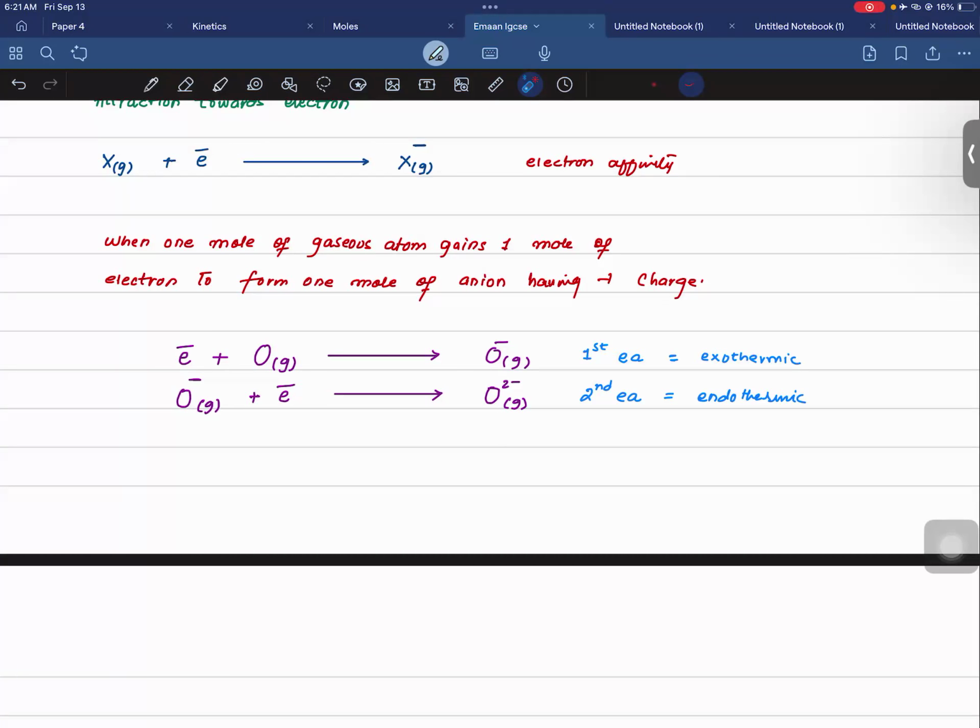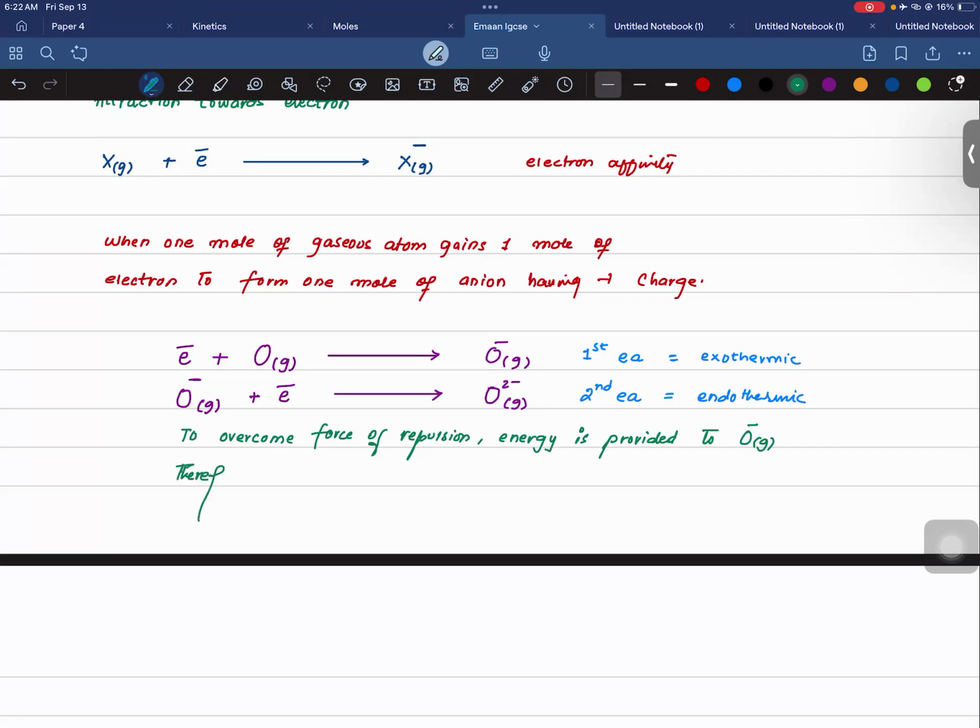That's why we say that second electron affinity is endothermic.